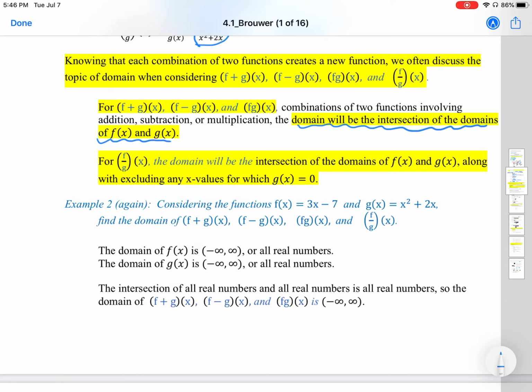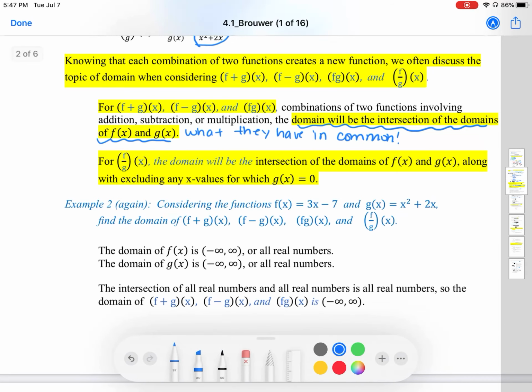So whatever they have in common. I highly suggest, if you're being asked for the domain, that you draw a number line and see what the domain is for f, what the domain is for g, or whatever your function is labeled, and look for any type of overlapping value. So that's what I suggest for those three.